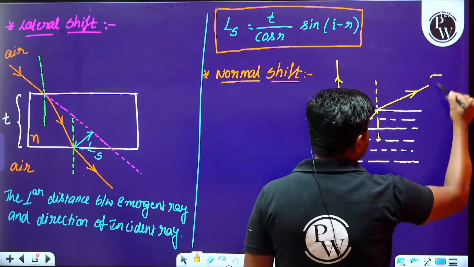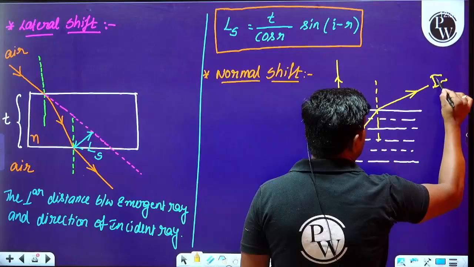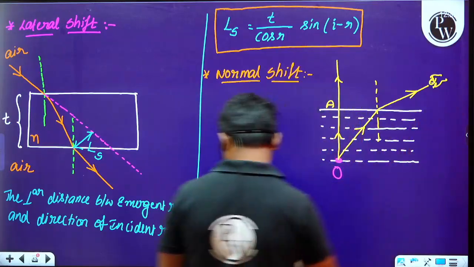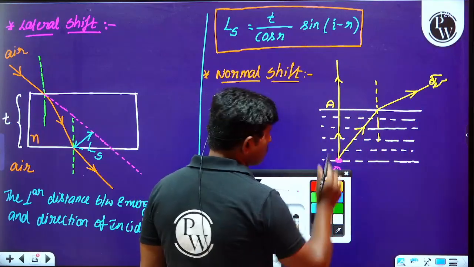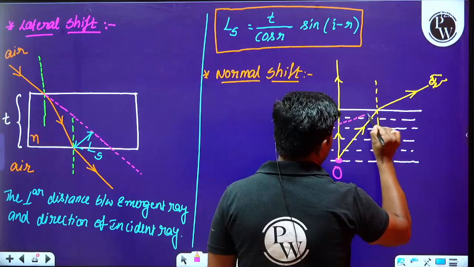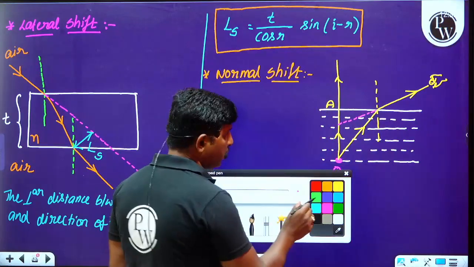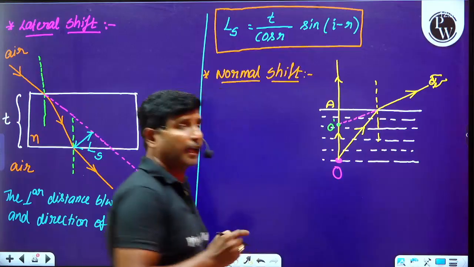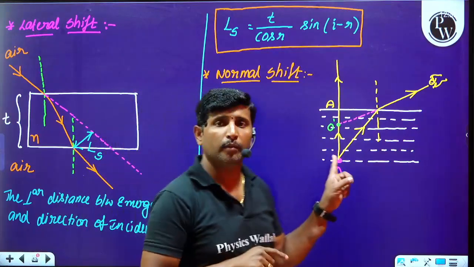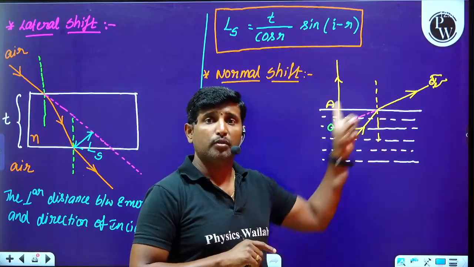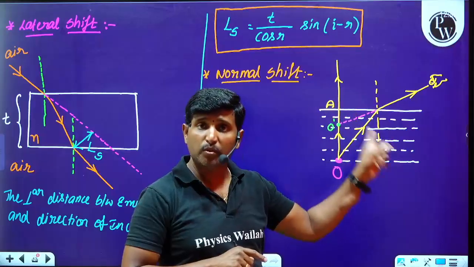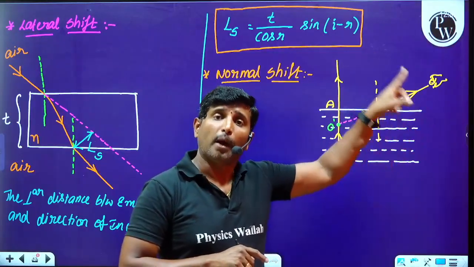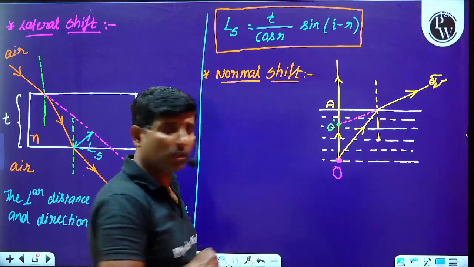Observing the refracted ray, it appears to be coming from the point O dash. Actually, the light is coming from the object O, but the refracted light appears to be coming from O dash.